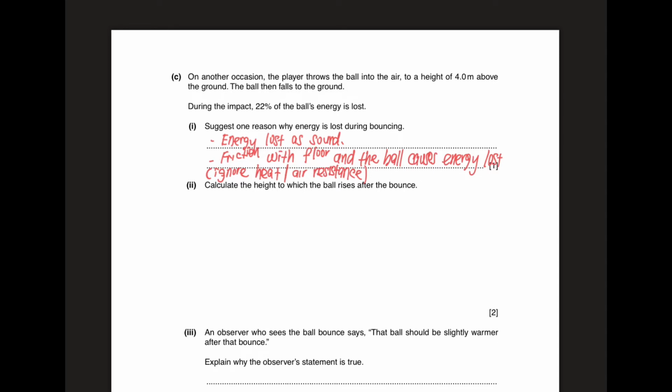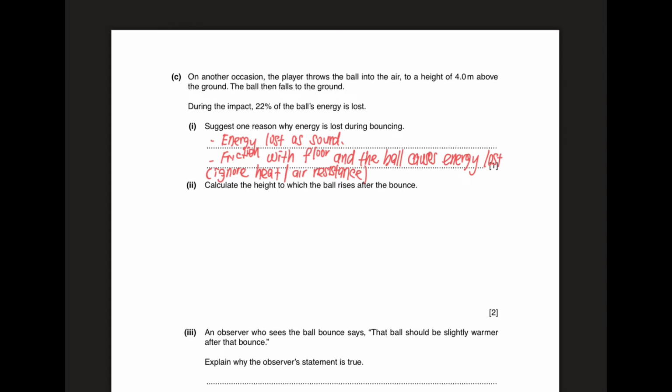It's counted as something which we want, it's useful. Loss is the one which is under the category of useless. So we want the kinetic energy so that it continues to move after it bounces off. So saying that will not be suitable.